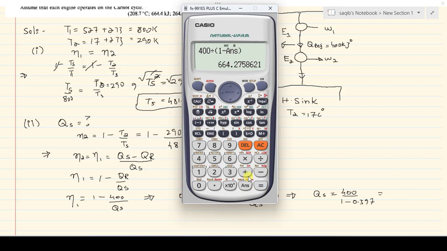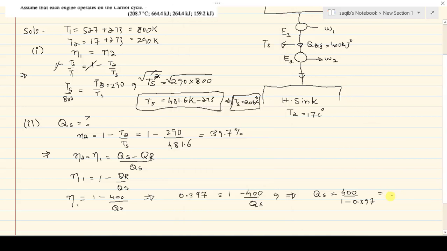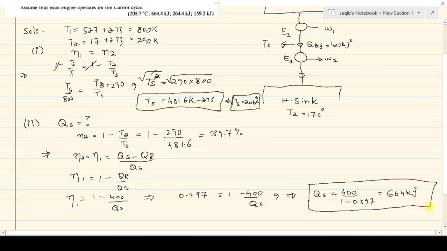So the heat supplied for the first engine is 664 kilojoule. That is the heat supplied, and that is the second part of this problem 5.2.